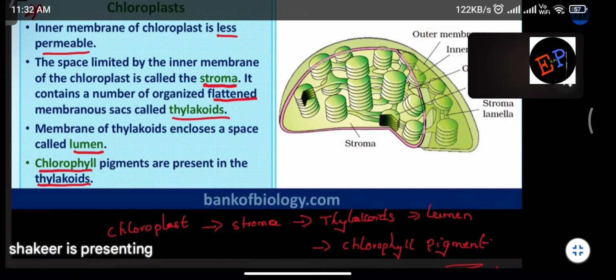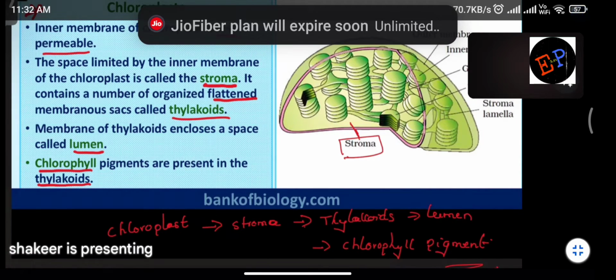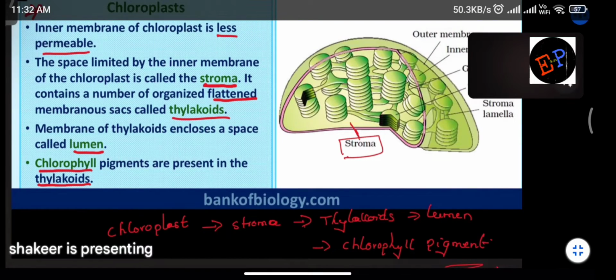Inside the figure, this empty region you are seeing is called stroma. Inside the stroma, you have these disc-type structures. These disc-type structures you can call thylakoids. And this group of thylakoids you can call a granum.